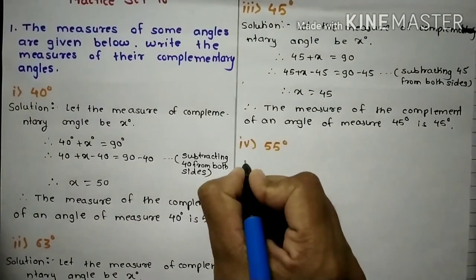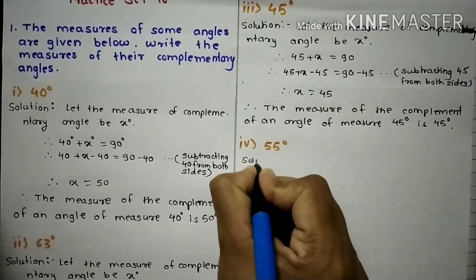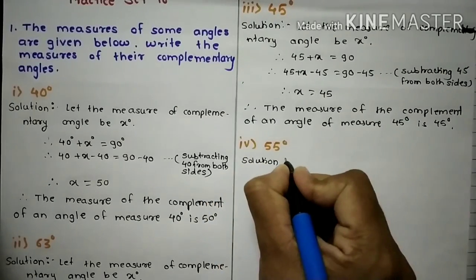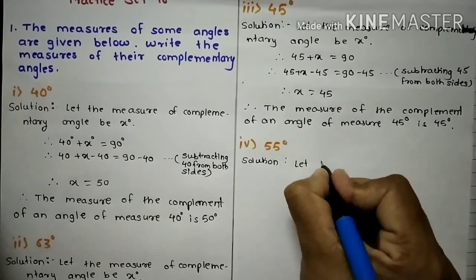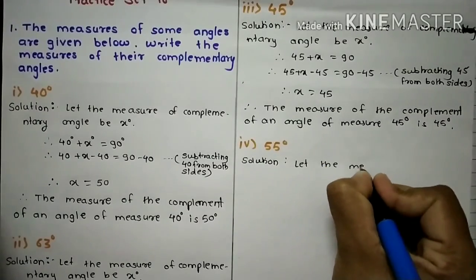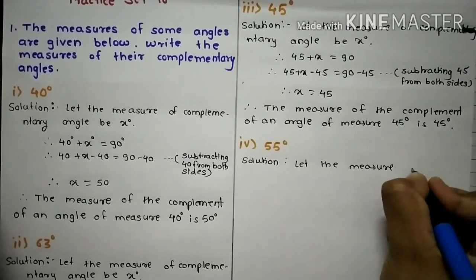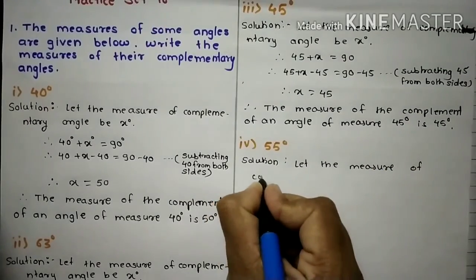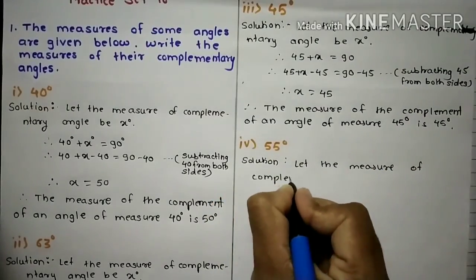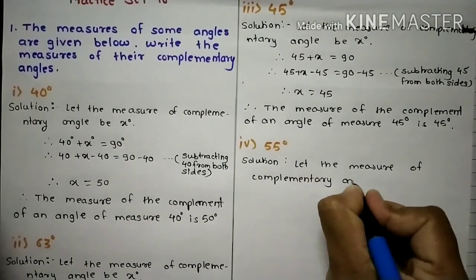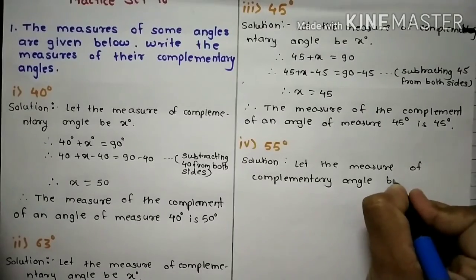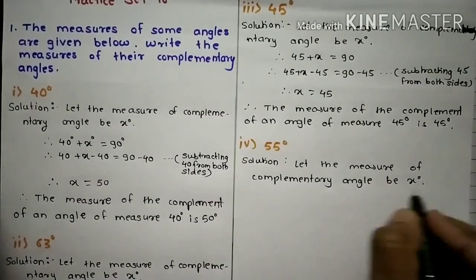Let's see the solution. Here we have to find the complement of 55 degrees. So let the measure of the complementary angle be x degrees.